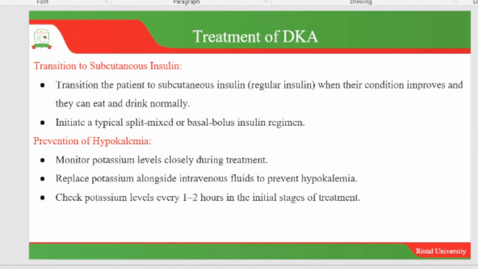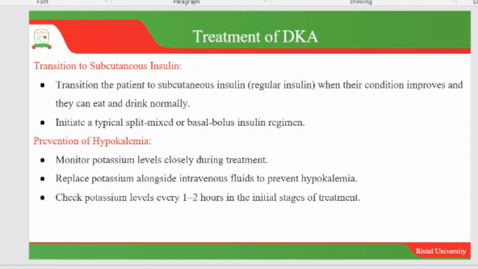The third one is transition to subcutaneous insulin. So transition the patient to subcutaneous insulin, which is the regular insulin, when their condition improves. So the first two treatments are meant to stabilize the patient.